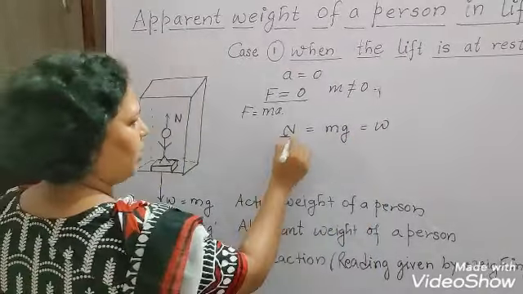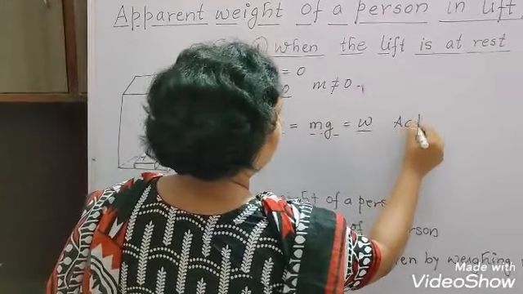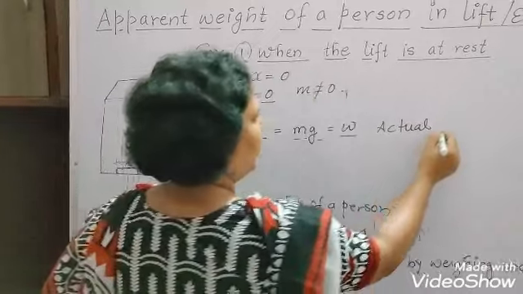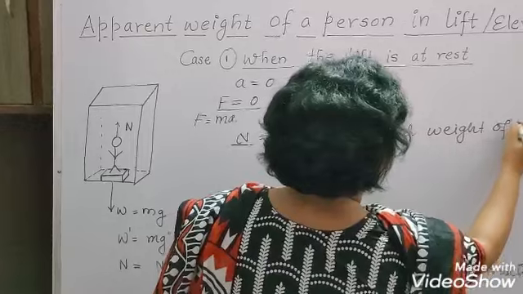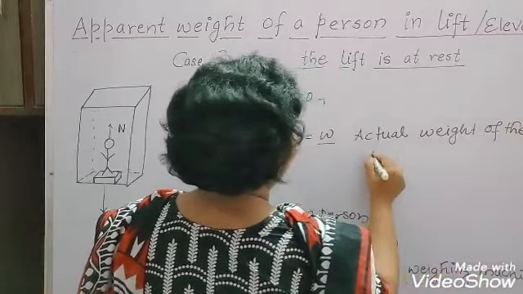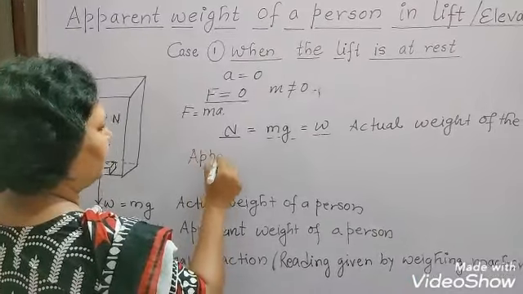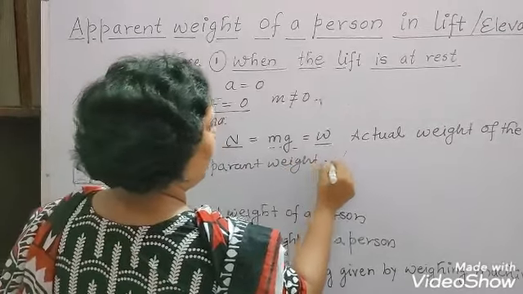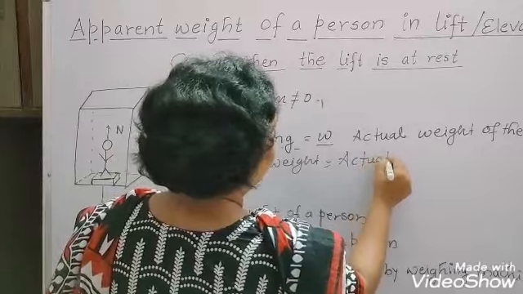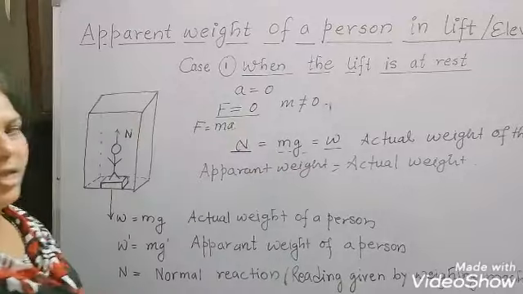That means the weighing machine is showing this reading N, which is mg, the actual weight of the person. So in this case, the apparent weight is equal to the actual weight. Okay, so this is the first case.